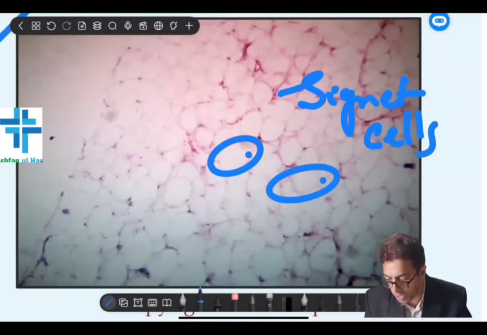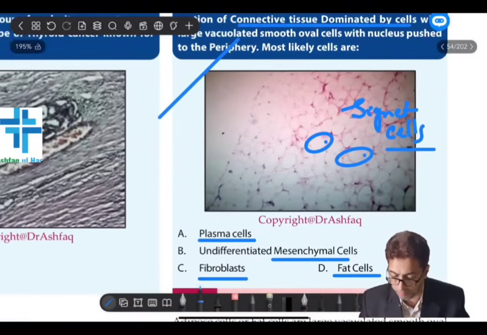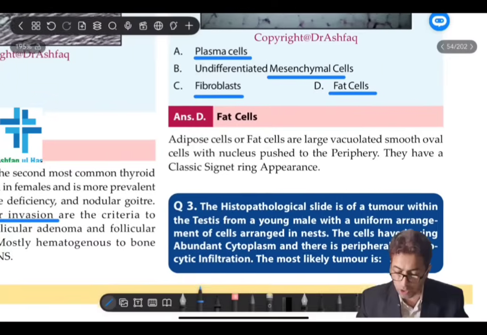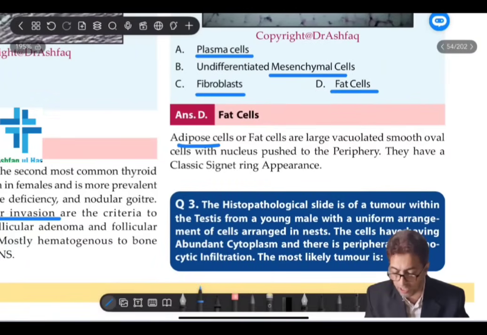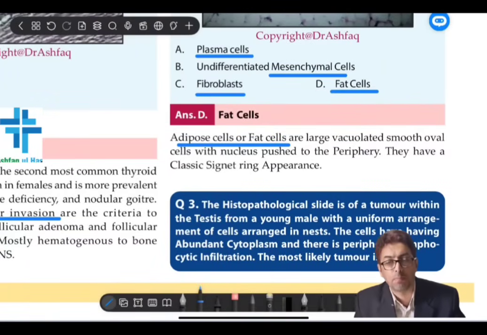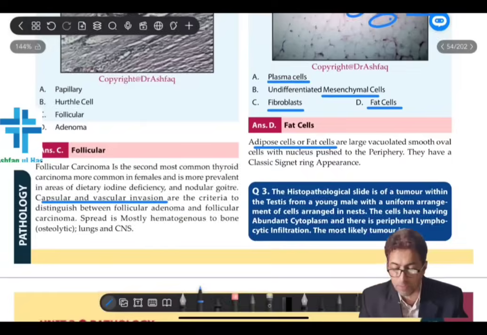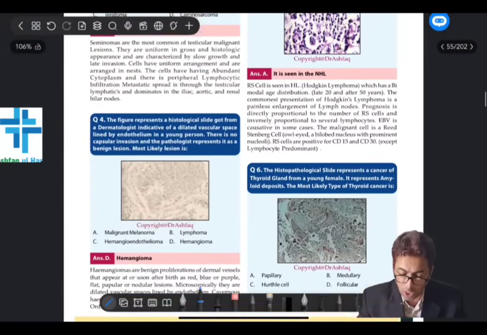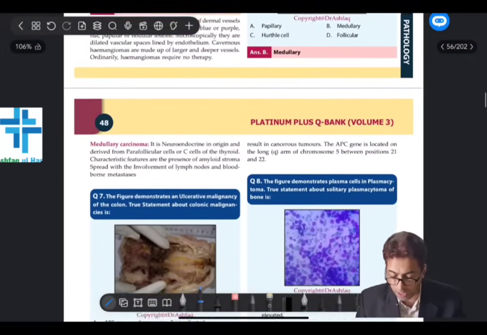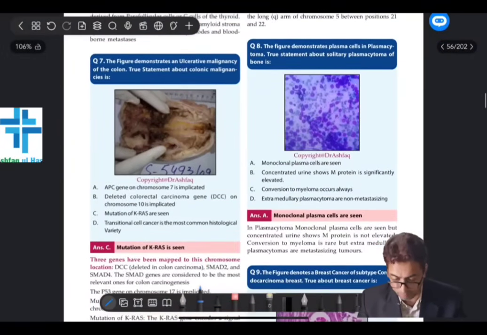So the signet cells are a feature of fat cells. Adipose cells are vacuolated, smooth oval cells with nucleus pushed to the periphery. That is a very important classical histological feature of fat cells. So it is the adipose tissue which is being asked over here. Now we can go and have a look at some of the other things.